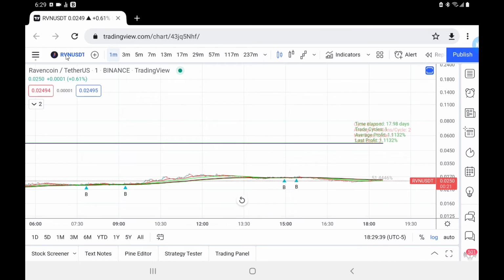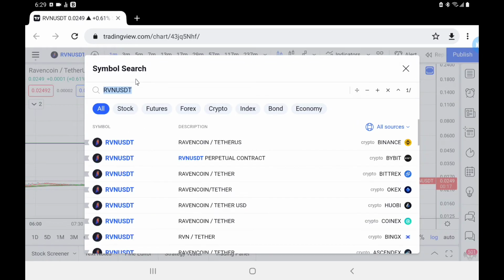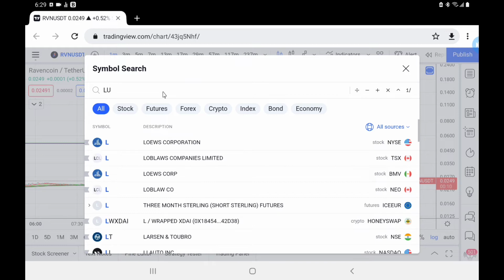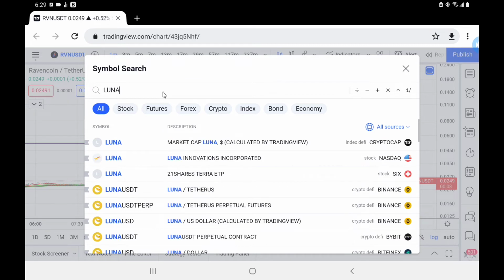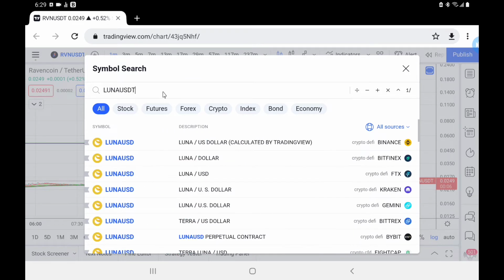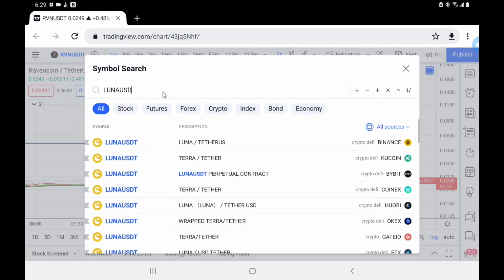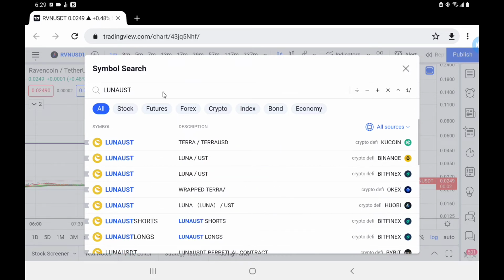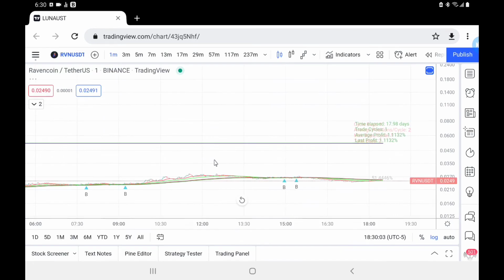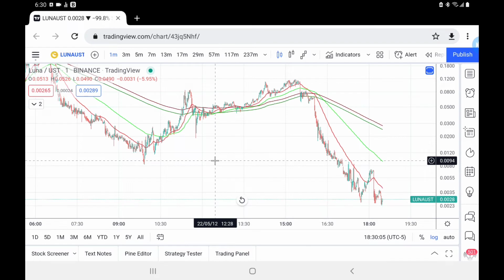And let's pick another coin that has been difficult lately. Yes, Luna. And the nightmare that has unleashed onto the world over the last few days. I'm going to pick on this coin.